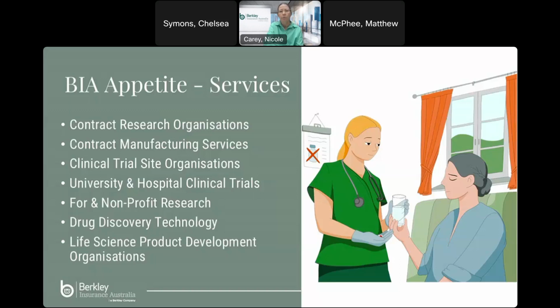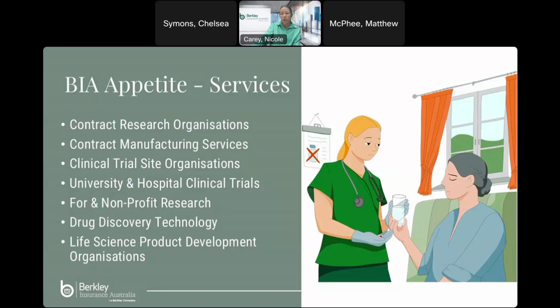A number of vitamin companies use contract manufacturing organizations. You will see that you've got your Nature's Way and your Blackmores and all those sorts of companies. A lot of the time they will use contract manufacturing organizations. Sometimes you'll have the CMOs manufacturing for a number of different well-known pharmaceutical companies. Again, this just comes down to size and scale. It's sometimes more cost efficient to contract that out to third-party organizations for the manufacturing.